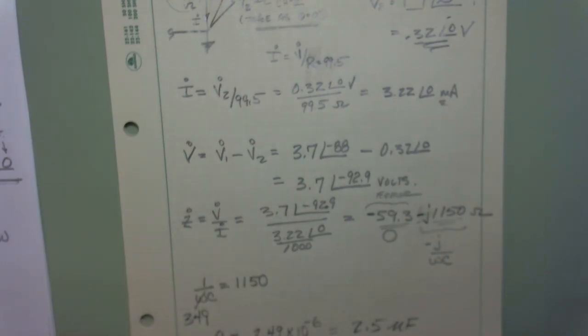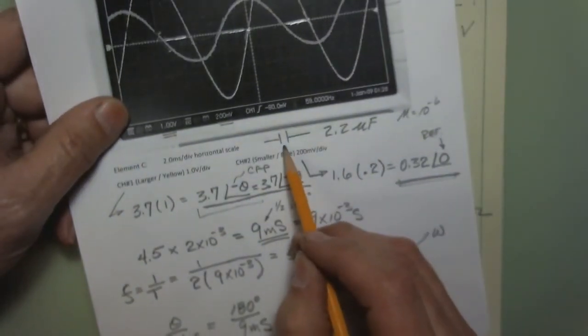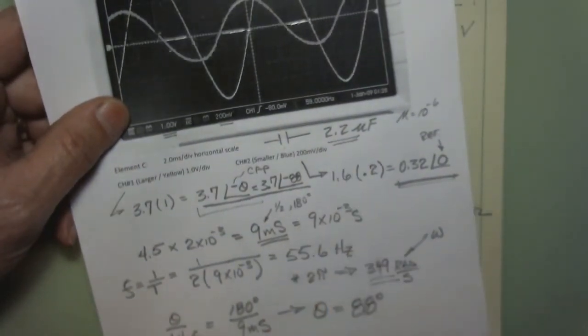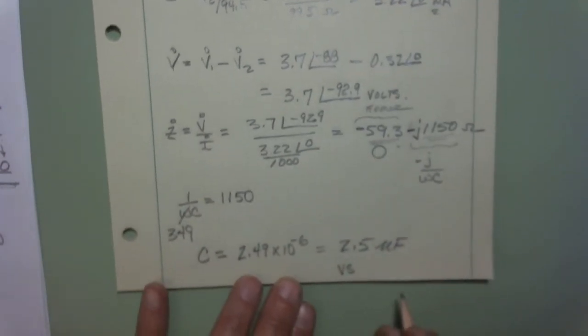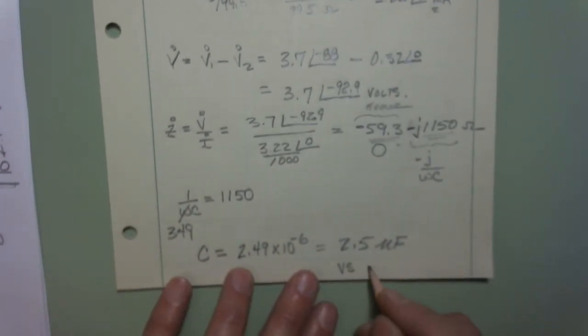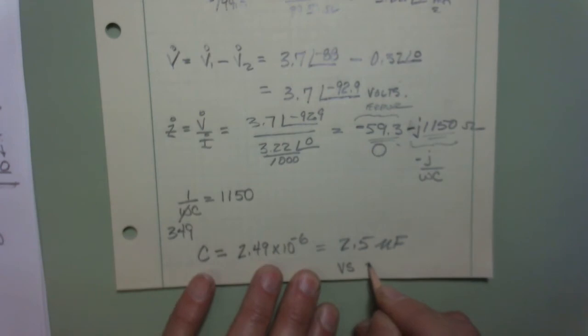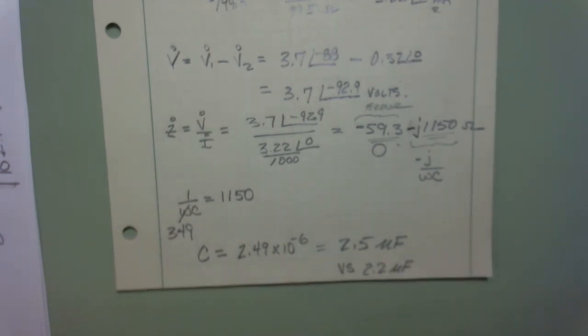Well, how did we do? What were we expecting? We were expecting a capacitor of 2.2 microfarads, versus, down off the page here, sorry about that, 2.5 versus 2.2 microfarads. So we could find the percent difference there.